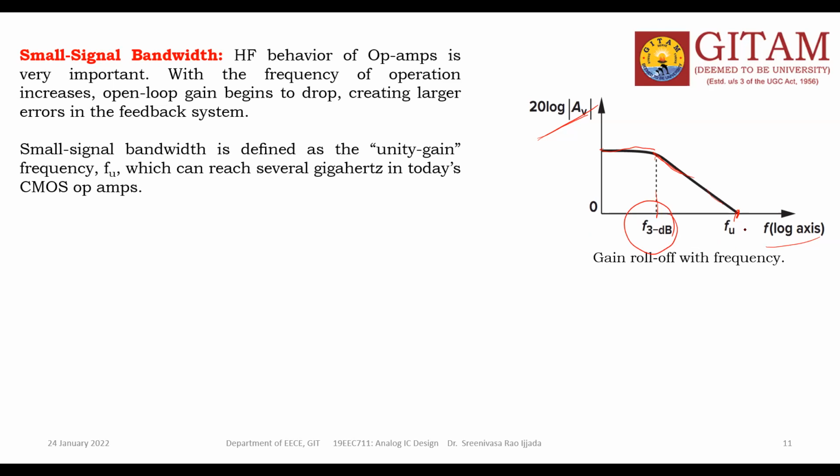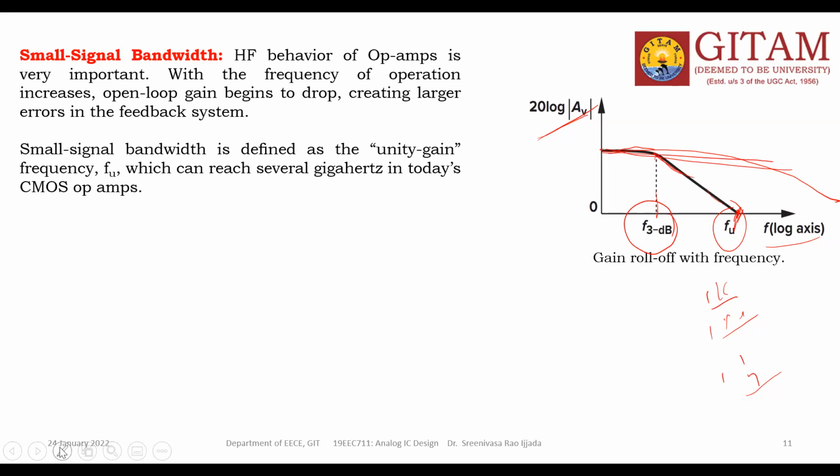How much is FU? It may be 1 kilohertz, 1 megahertz, or 1 gigahertz. So it is in the range of kilohertz, megahertz or gigahertz. Today you can extend this characteristic like this, and then FU may be a gigahertz. So for small signal bandwidth, we need to know the unity gain frequency.